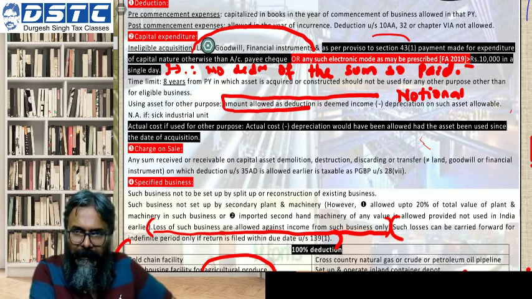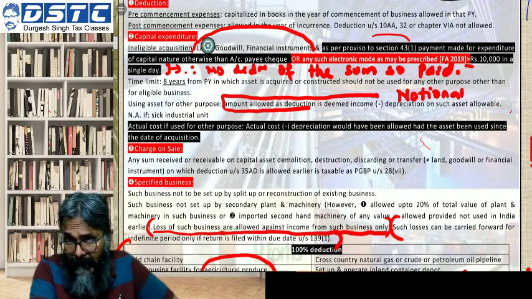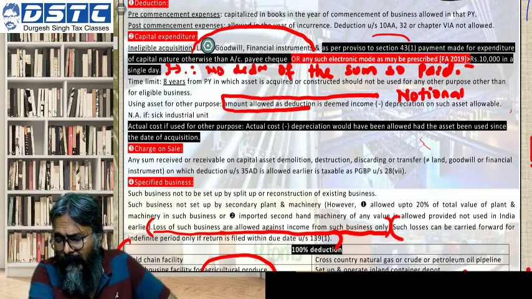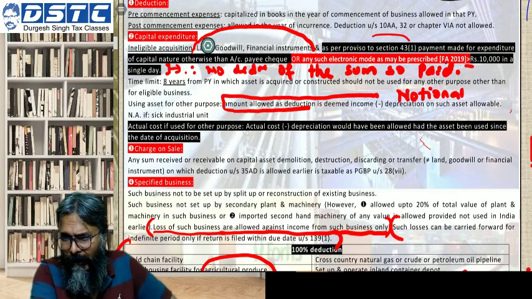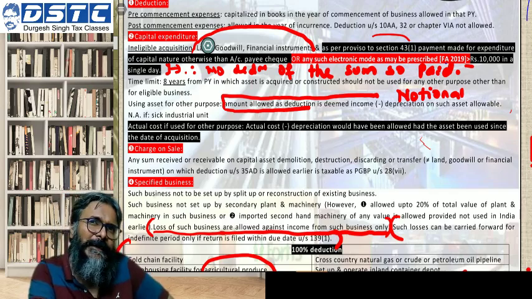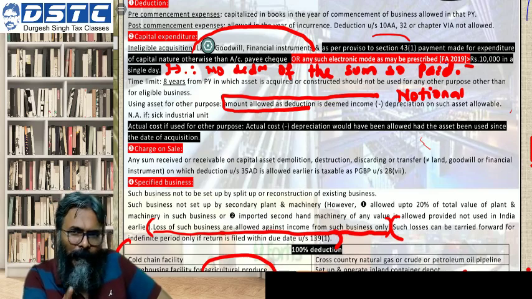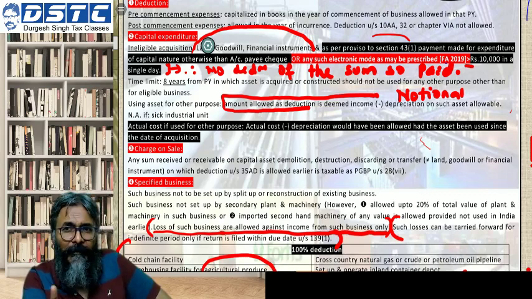So if you want to carry forward the loss, because chances are very high that there may not be any specified business income for the purpose of the set off of the loss of the specified business, what you will do then, you may try to carry forward the loss. And if you want to carry forward the loss, you only have to ensure that your return of income is filed within the due date of section 139(1).